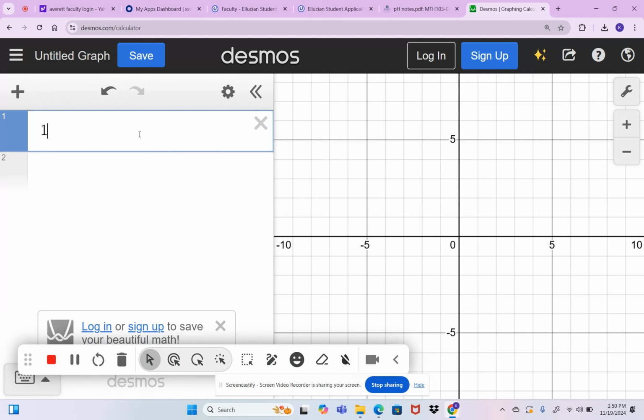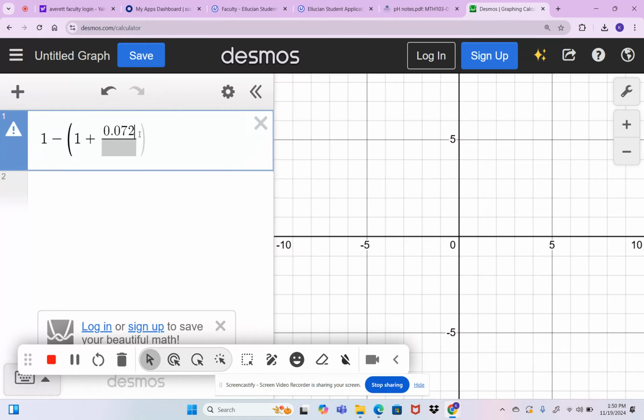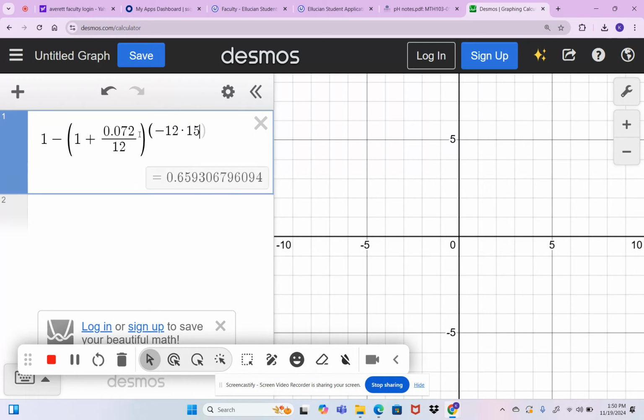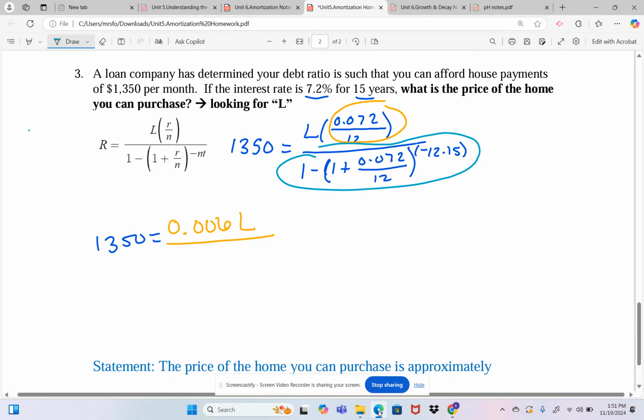Just keeping it honest. 1 minus, don't forget your parentheses, 0.072 divided by 12 raised to the negative 12 times, was it 15? Yeah. So that's 0.6593. All right, now we can solve that.